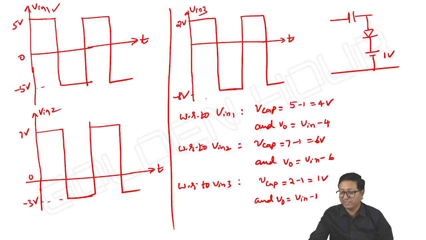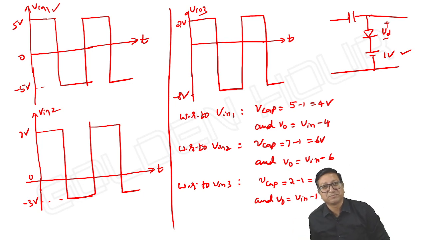So, in all these 3 cases, the capacitor voltage will change. But we know what is VD blindly. And for VD, we are adding 1 volt. Is it not so? Whether it's sine wave or square wave, the approach is same.